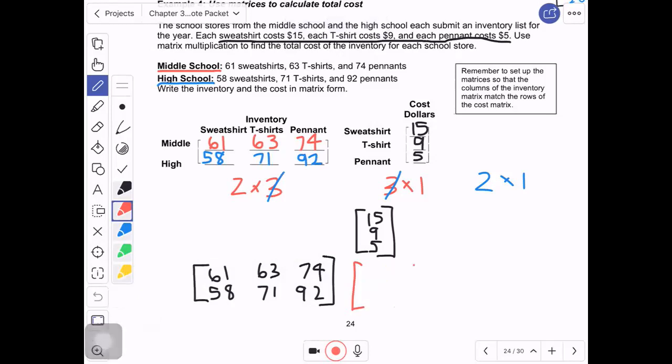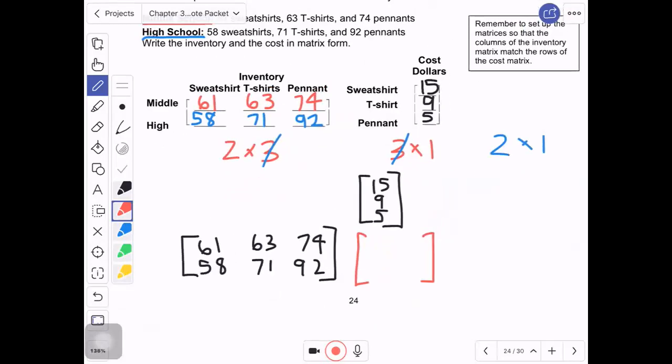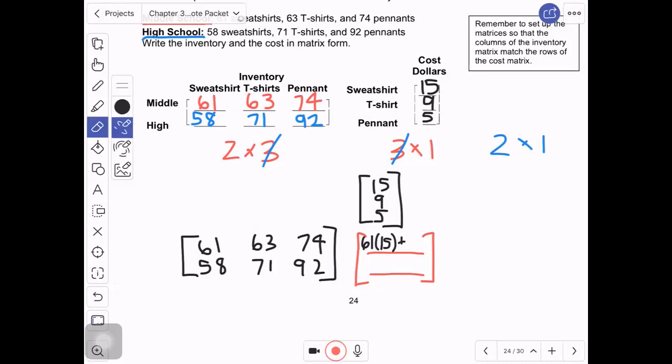All right. So now we're just going to go ahead and multiply. So what row and what column are going to go in this first line? Grace, could you tell me what we're going to multiply for this element? Is that it?